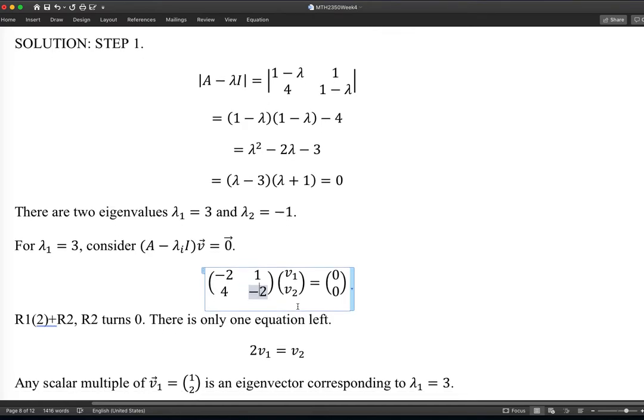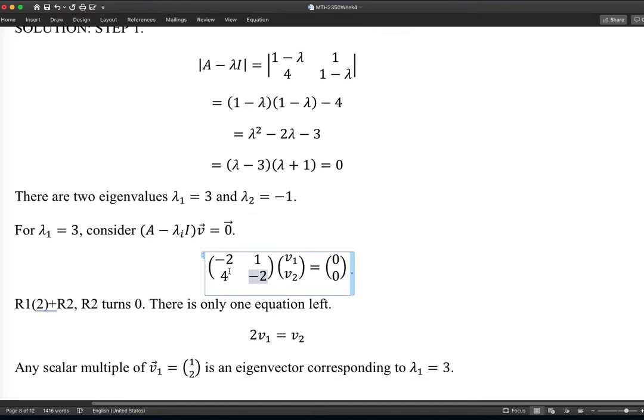In this case, it's easy to see that one row is a scalar multiple of the other. So we really have one single equation with 2 unknowns, which means we have many solutions. I started from the first equation, which simply says 2v1 has to be v2, using the matrix multiplication. So you can find many solutions. Let me set v1 as 1, so v2 would be 2.